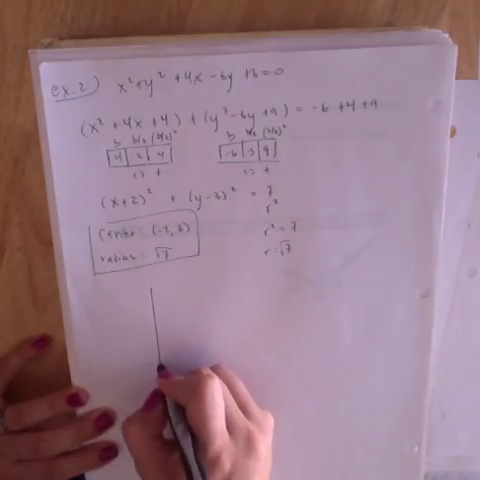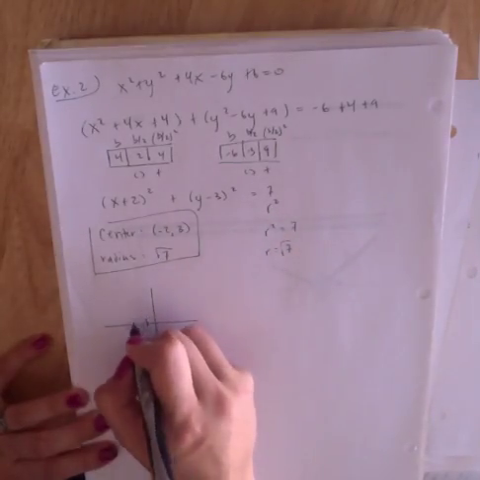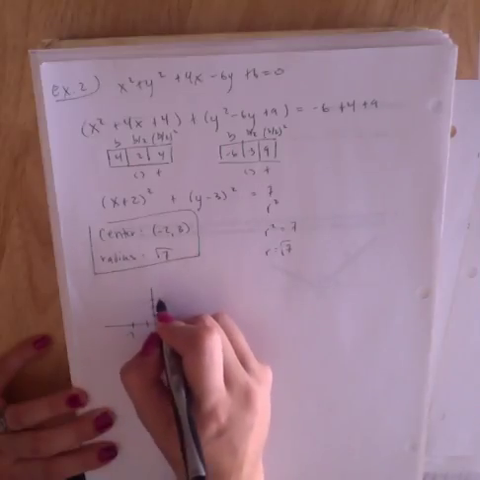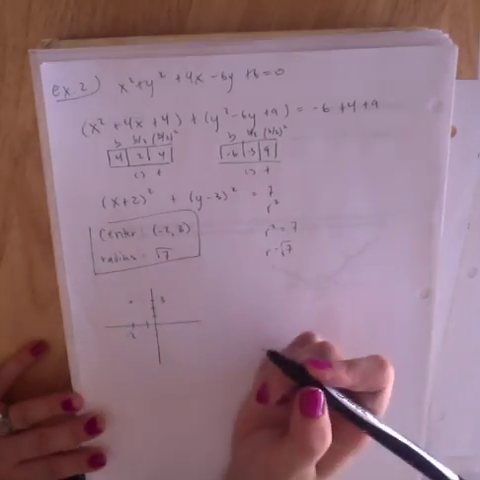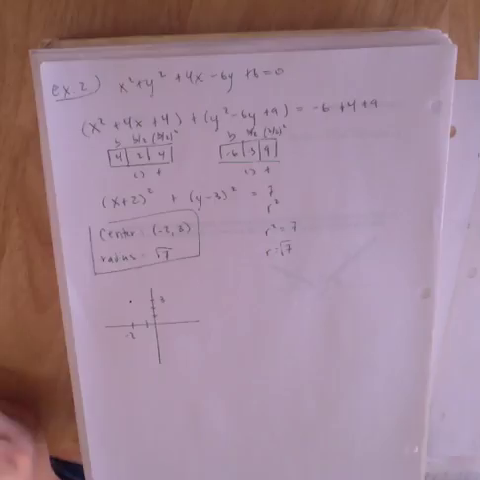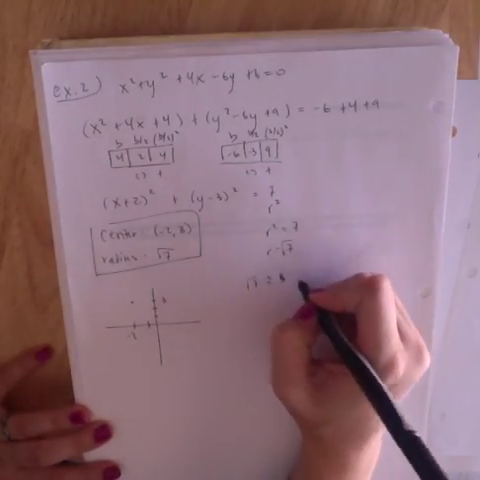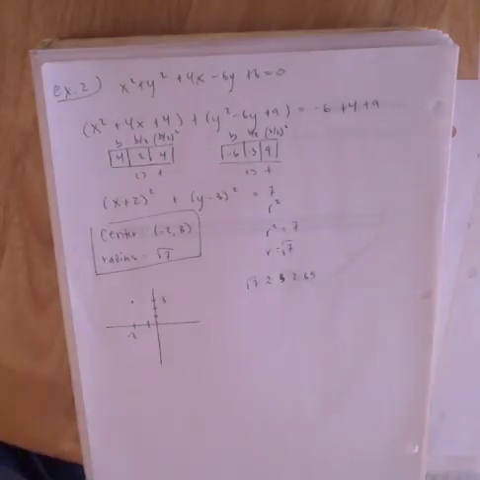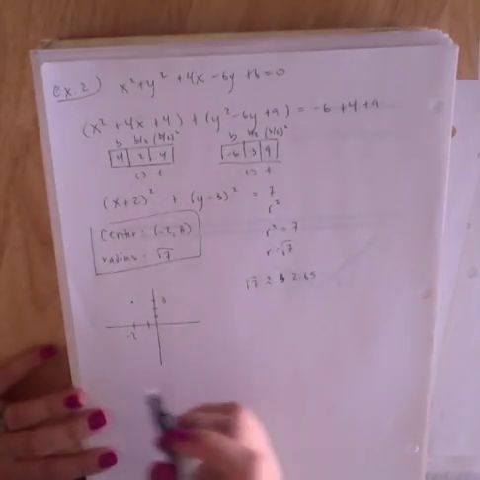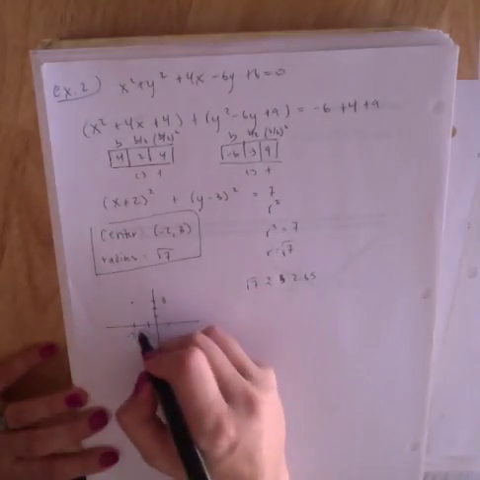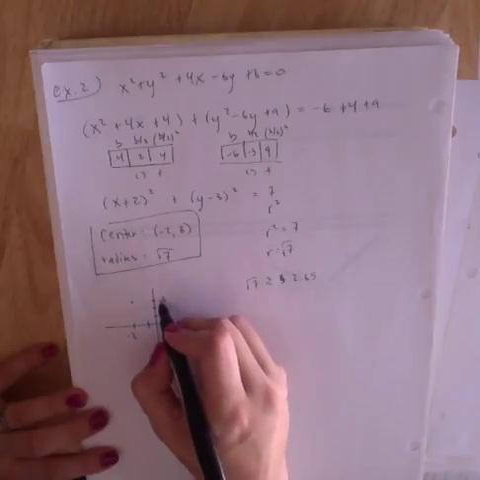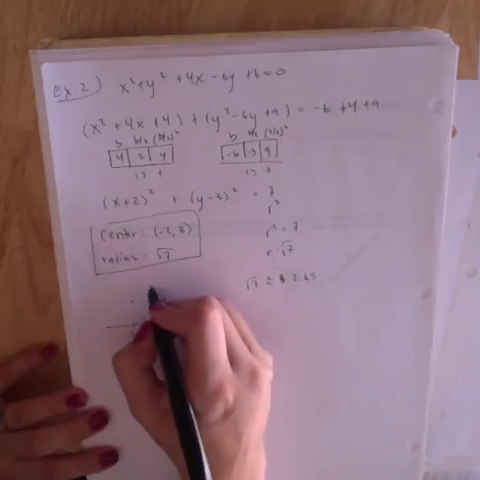And now I graph (negative 2, 3). Now the square root of 7 is approximately 2.65. So it's a little less than 3. So I'm going to go 1, 2, little less than 3 here.